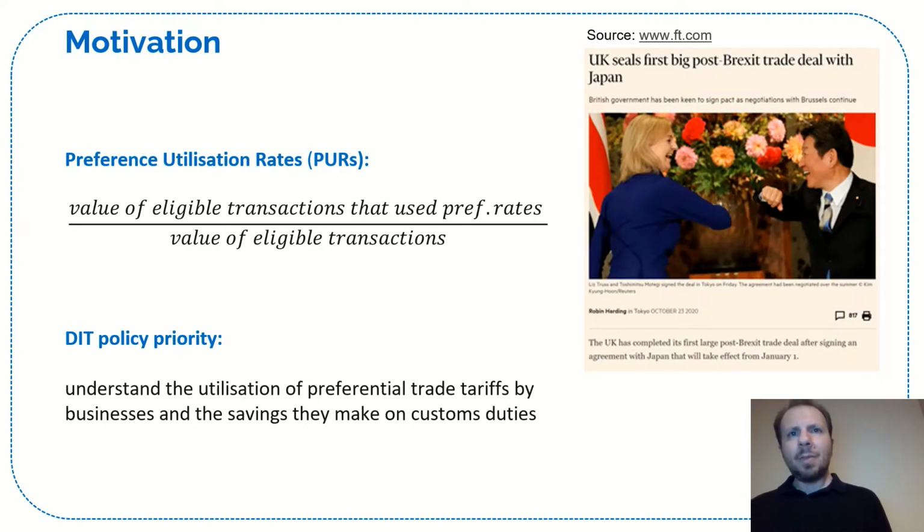However, there are costs associated with the usage of preferences, which could relate, for instance, to rules of origin and various procedures related to a shipment. Consequently, preferential tariffs may not be used unless the potential duty savings are high enough to overcome the procedural costs. A DIT policy priority is to better understand the utilization of preferential trade tariffs by businesses and the savings they make on customs duties.